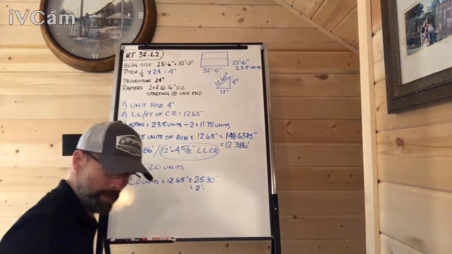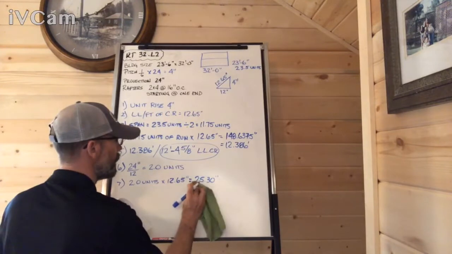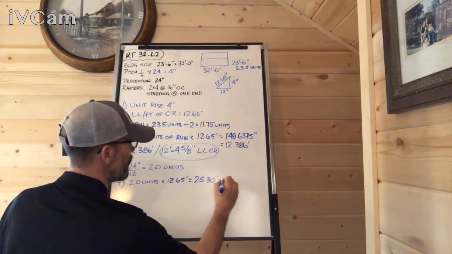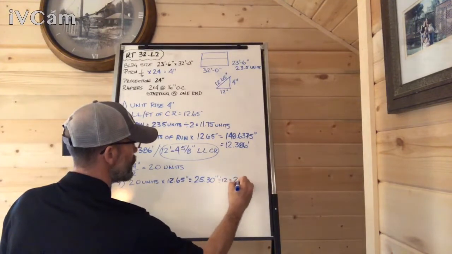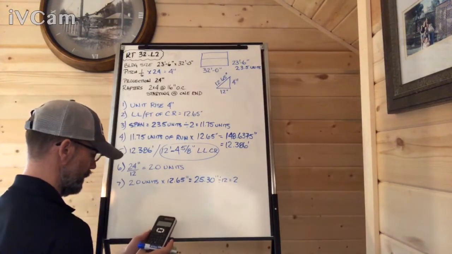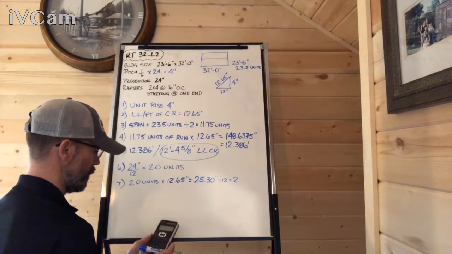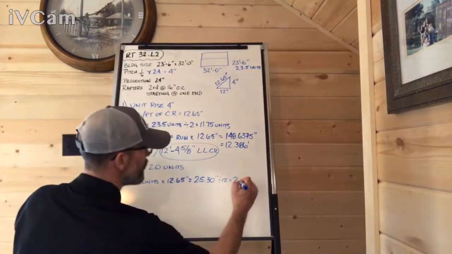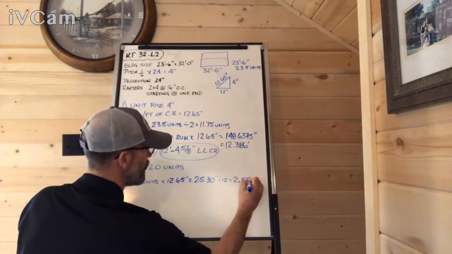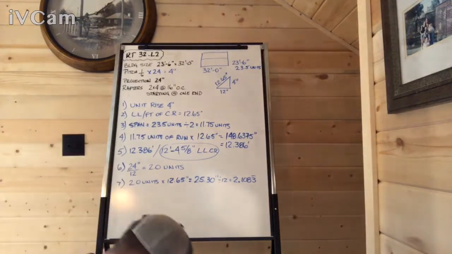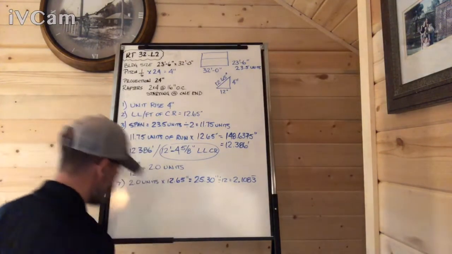Oh, I'm just going to write that beside it so I don't run out of room. Divide that by 12 equals 25.3 divided by 12, 2.108. This happens to be 3 repeating. So that is the decimal length of my overhang.